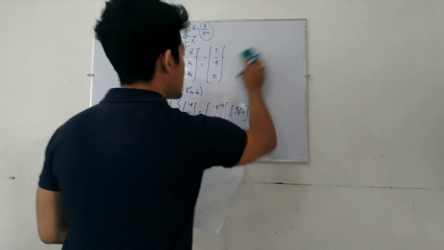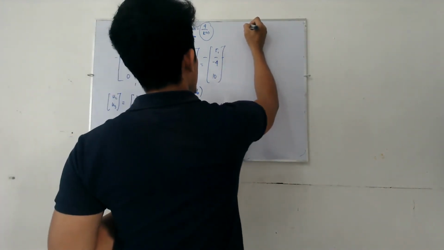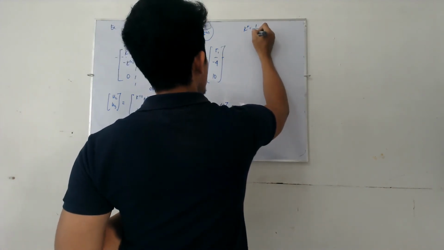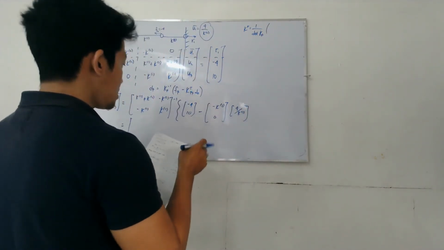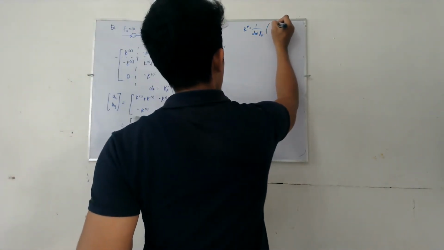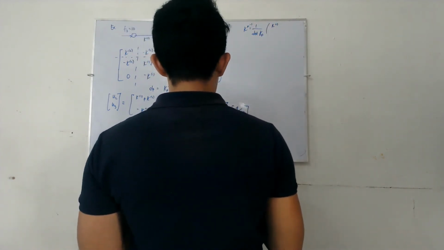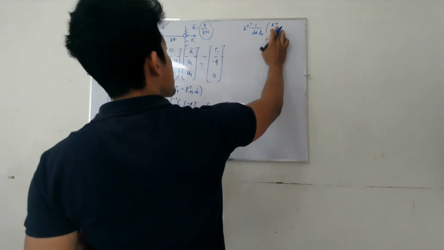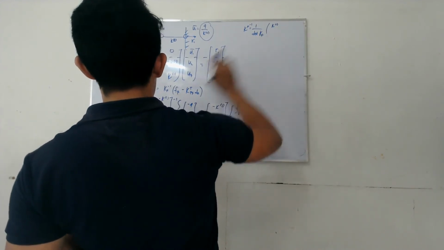Na lang ni i-resolve, no? K_F is 1 over determinant of K_F sa ito, A11, A22. K1 plus K2, K1, A22, negative A12.